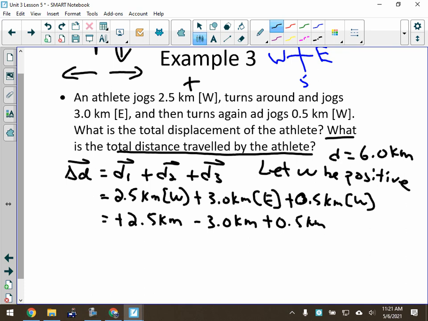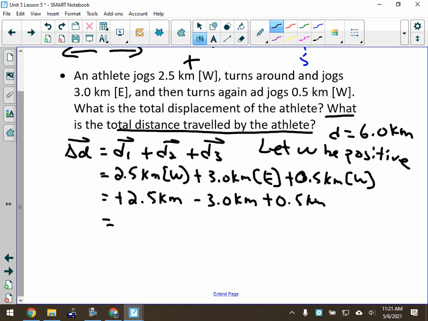If I add these up, what do I actually get here? Somebody, quickly. What do you get? 0. That's right. 0 kilometers.